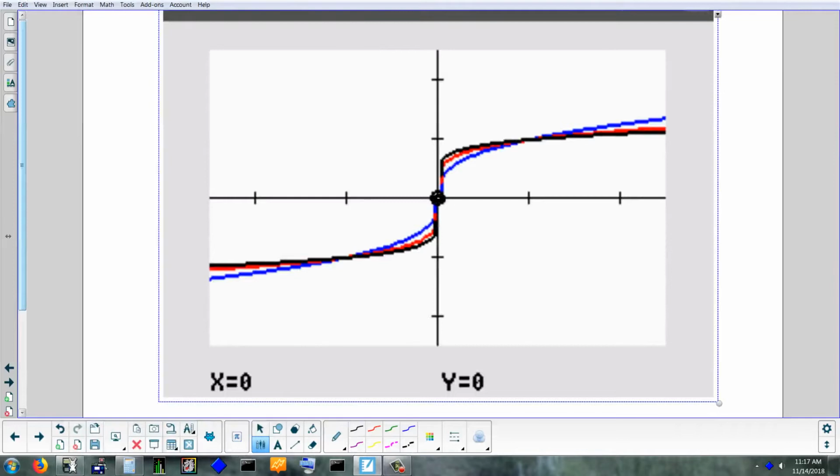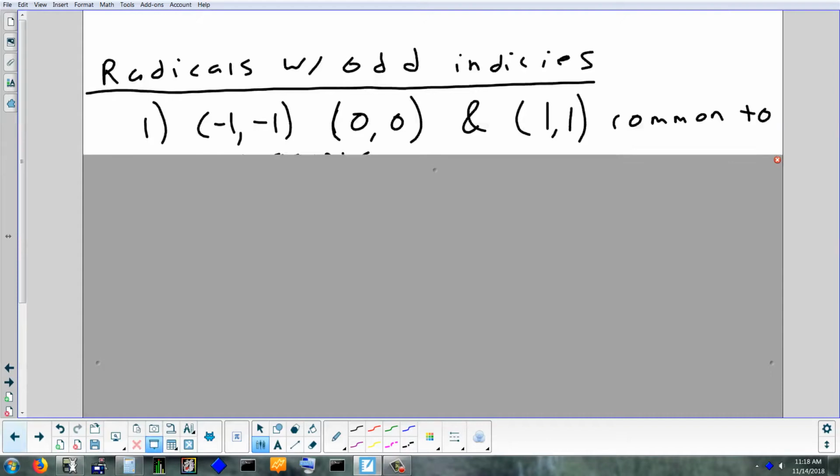Yep, -1, -1. They all go through that point, and then there's one more: 1, 1. So odd roots always have those 3 points in common, if you don't mess with the root. If you shift it up or down, now you've changed that. But we're just talking about the basic function.